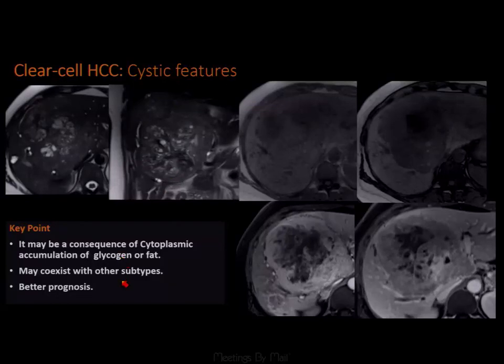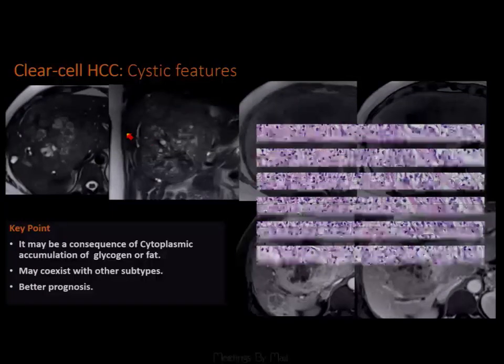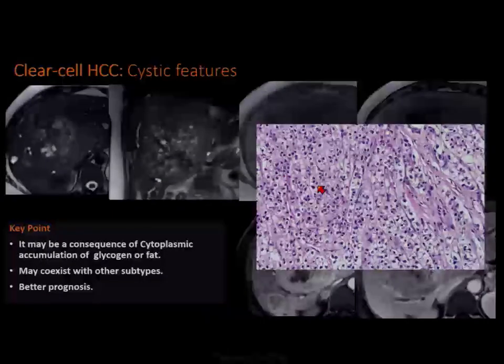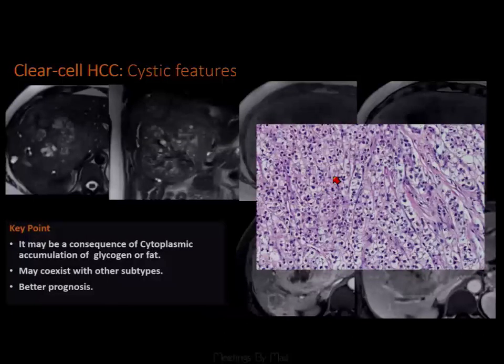They might coexist with other subtypes, some similar to fibrolamellar with cystic, but clear cell dedifferentiation or differentiation, and the appearance is presumably related to cytoplasmic accumulation of glycogen or fat, and they usually have better prognosis. You see cytoplasmic clearing. This was actually the same case that was biopsied at our institution.